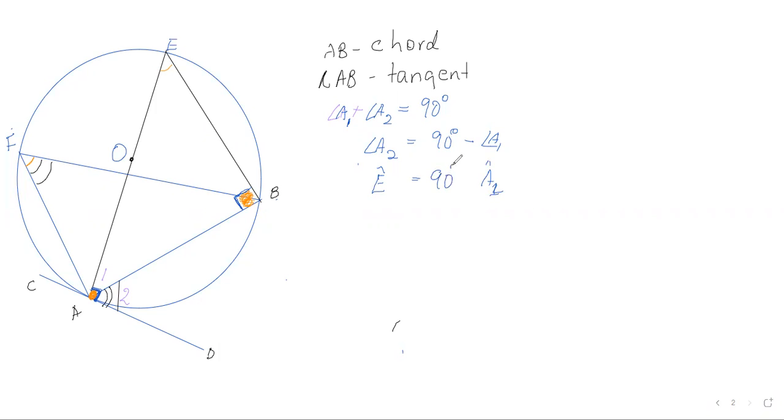Therefore, E is 90 minus A1. E will be 90 minus A1.